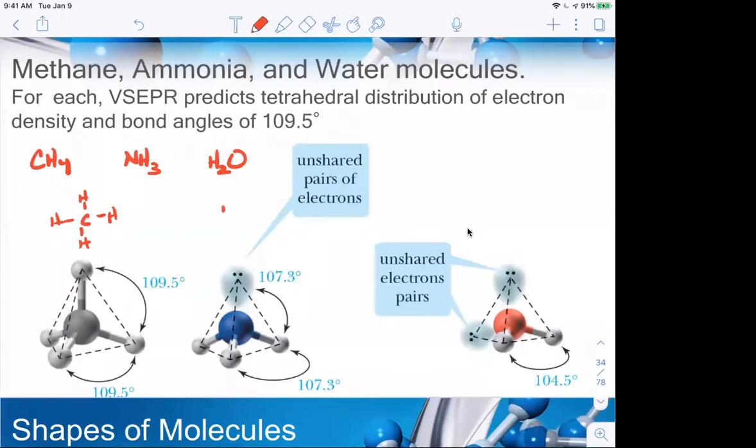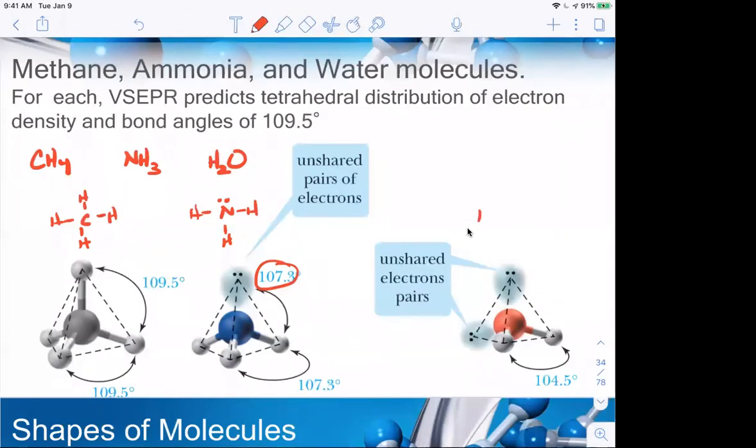Again, when I have nitrogen, I have 3 bonded atoms and a lone pair. The lone pair is going to collapse this bond angle a little bit because it has a larger repulsive force with the electrons bonded to the hydrogens, and it's going to take up a little more space.